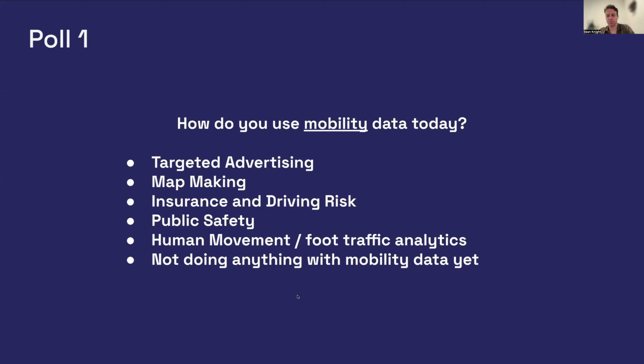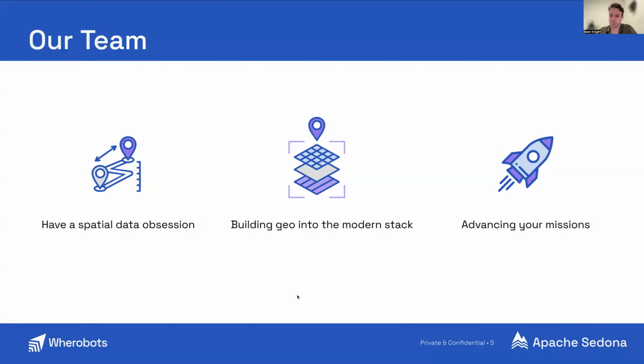May go close that one out and we'll go to the next one. So just a little bit about us at Whereabouts. If you're newer to us and our team, there's a few things. One, our founders are the creators of Apache Sedona. They're researchers in academia originally that started this project that was originally called GeoSpark.